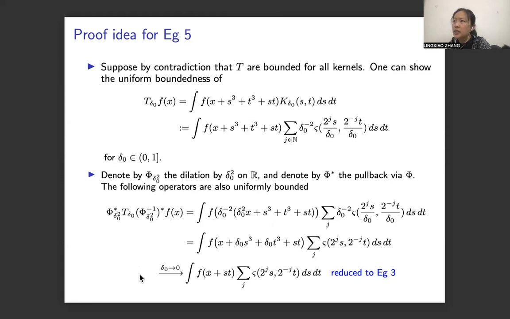And more complicatedly, in the general real analytic case, the global dilations do not work anymore. So we have to carefully design a local diffeomorphism for every possible situation to make this reduction process happen.